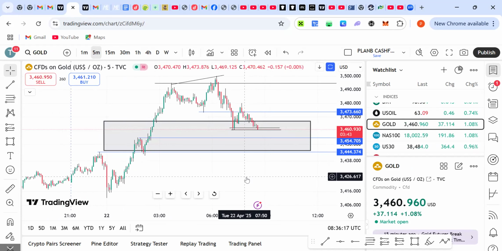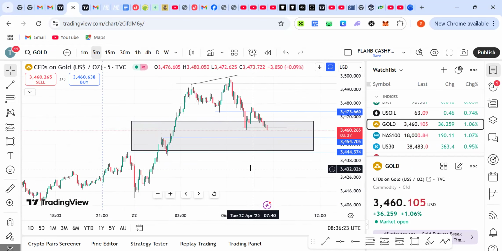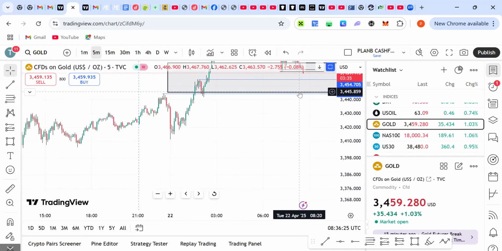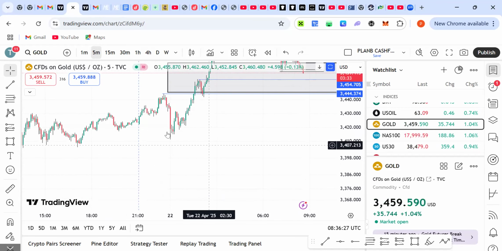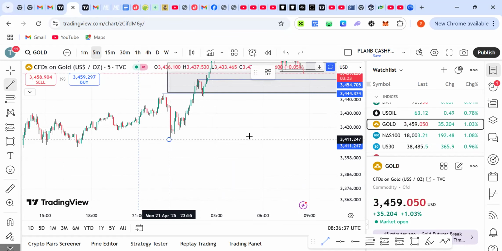Right? So now gold, we break this, right? And of course, break all of this region inside this box. Then you will know where it is coming from. This is a liquidity and this is a liquidity. So if I mark all of this liquidity region now, look at it. Sometimes you miss a market and you are struggling.